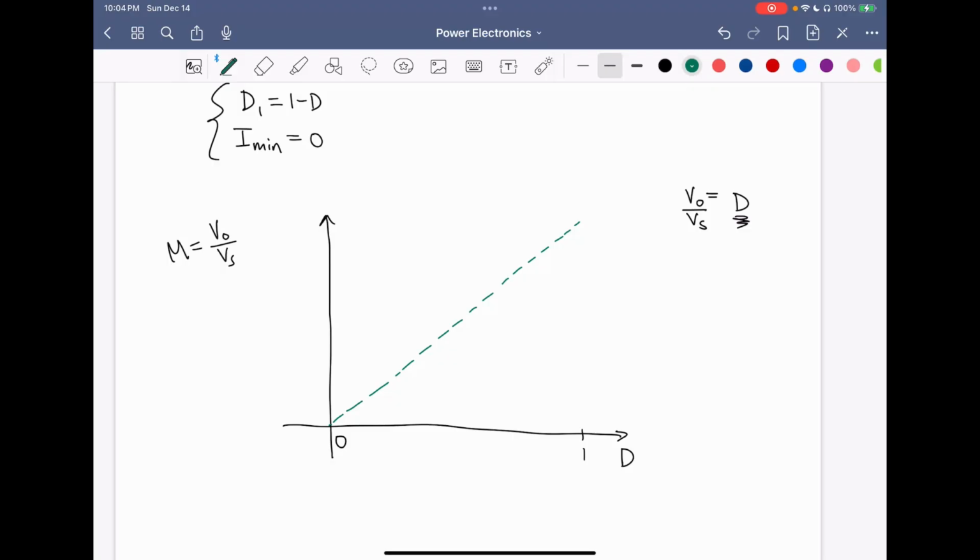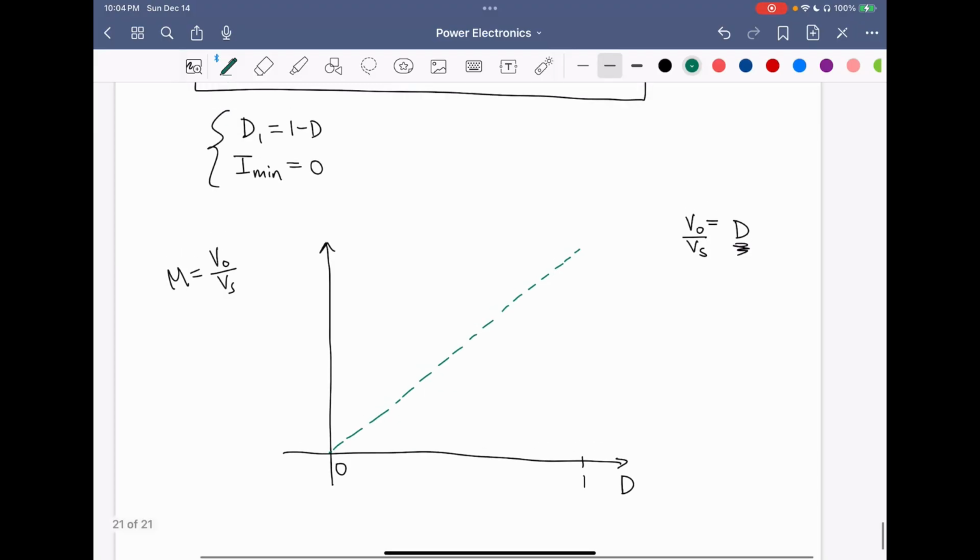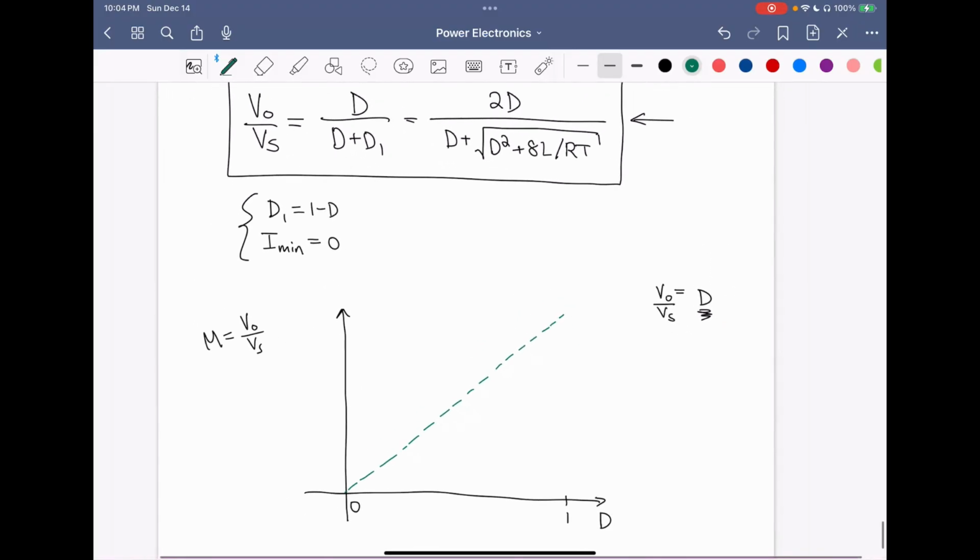However, say we have a converter where we've chosen the inductor value and switching frequency such that for certain portions of the duty cycle, we're in discontinuous current mode. In that case, using this equation, we will find that the discontinuous current gives a voltage conversion ratio that is larger than that of the continuous mode.